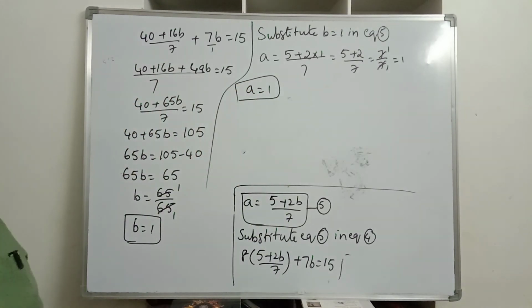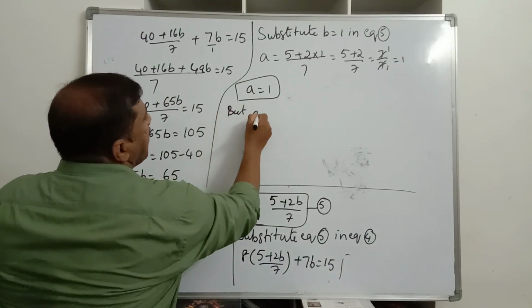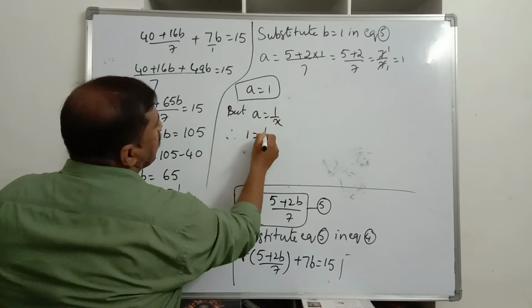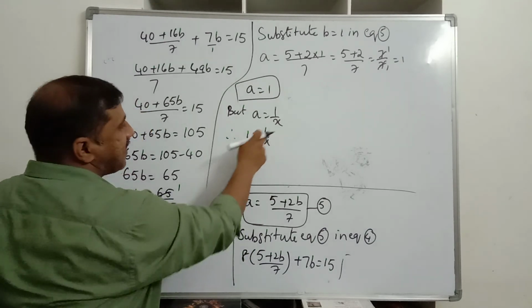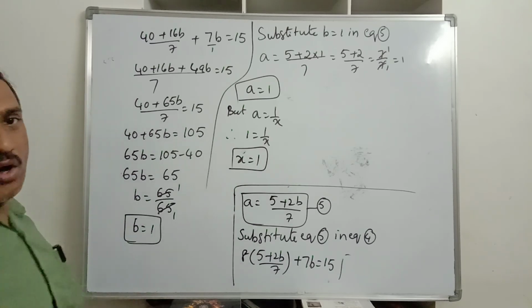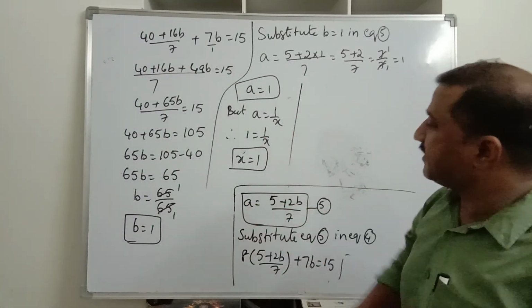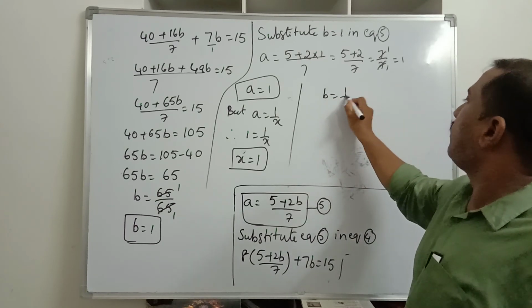Finally what we have to find? x and y. So here a is what we have taken, 1 by x. But a is equal to 1, therefore 1 is equal to 1 by x. By cross multiplication, x is equal to 1. Similarly, we have taken b is equal to 1 by y.